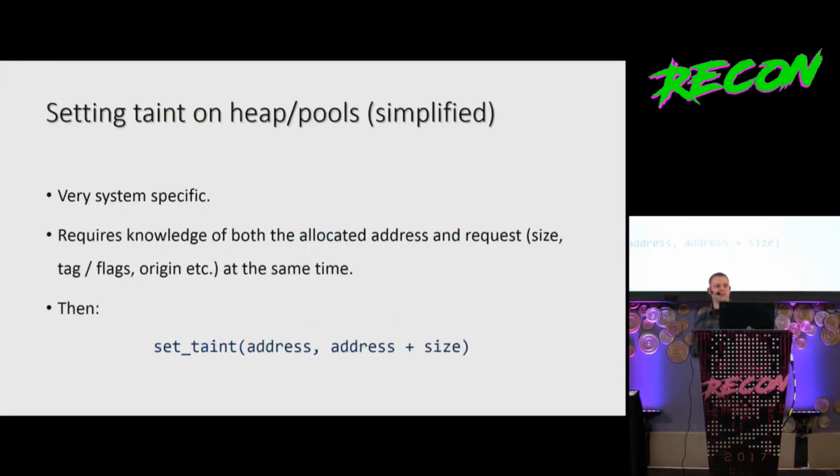When it comes to setting taint on the heap and pools, this is actually very system specific. It requires us to hook into the allocator of the operating system and somehow know both the allocated address and the request that led to it, meaning the size, flags, origin, etc., at the same time.